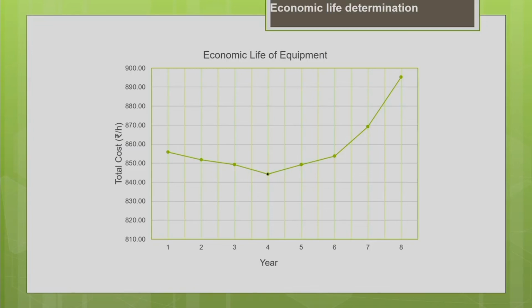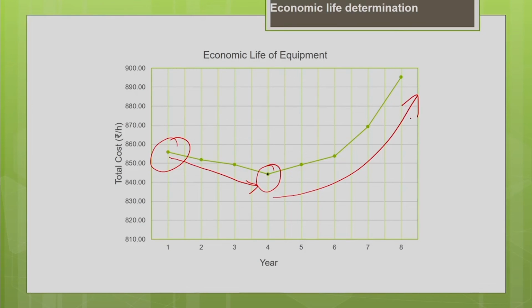Okay. This picture shows the pictorial representation of what I discussed in the earlier slide. During the initial period you can see that the cost associated with the machine is slightly high, then the cost starts reducing as it is distributed over a greater period. Now, it reaches a minimum point and after that it starts significantly increasing.